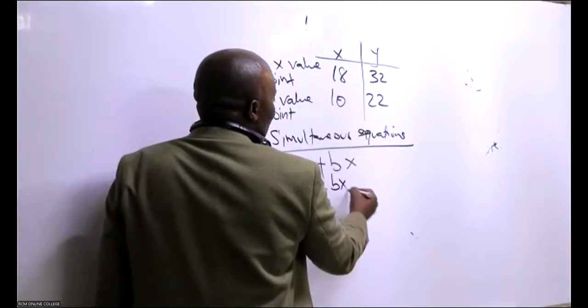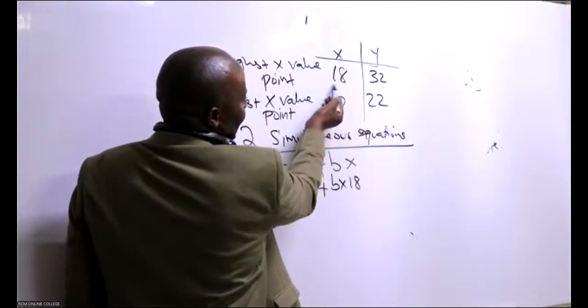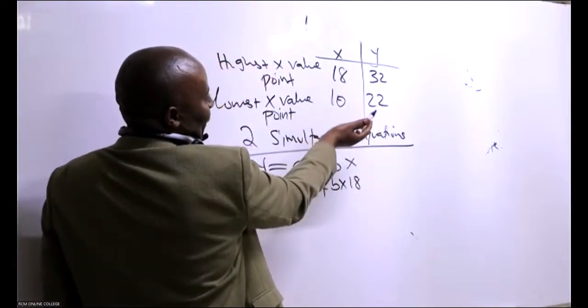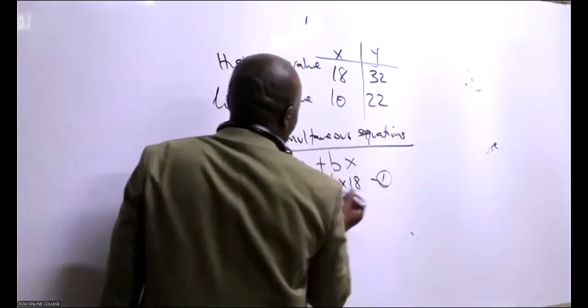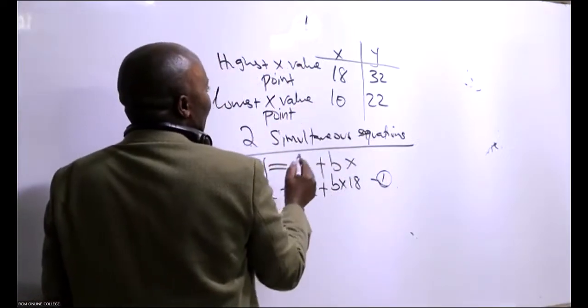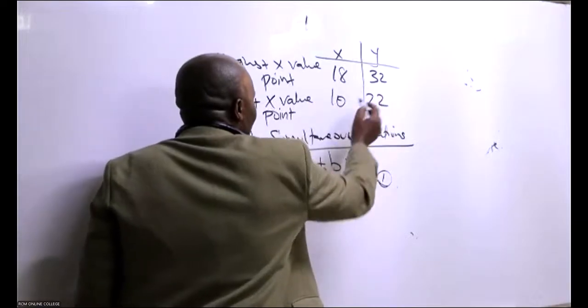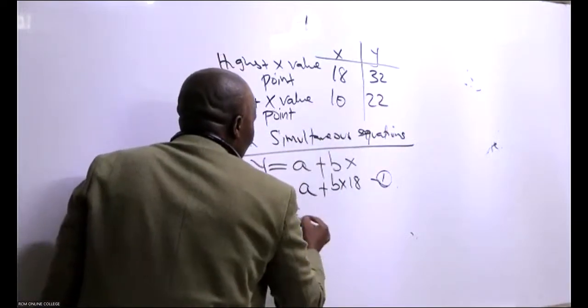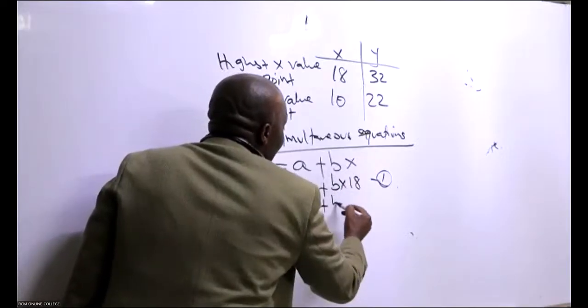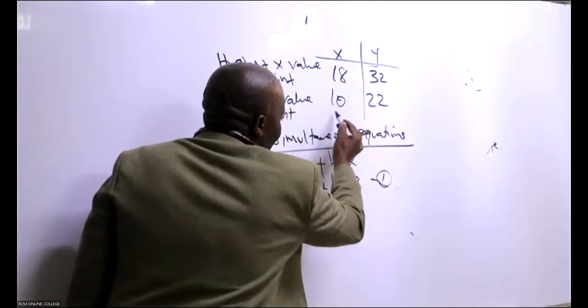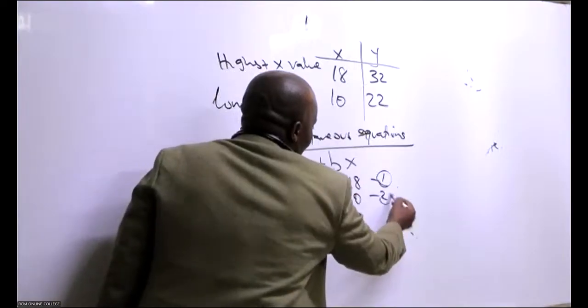So b times 18. You can call this equation 1. For the second equation, we have y, which is 22, equals a plus b times 10. Equation number 2.